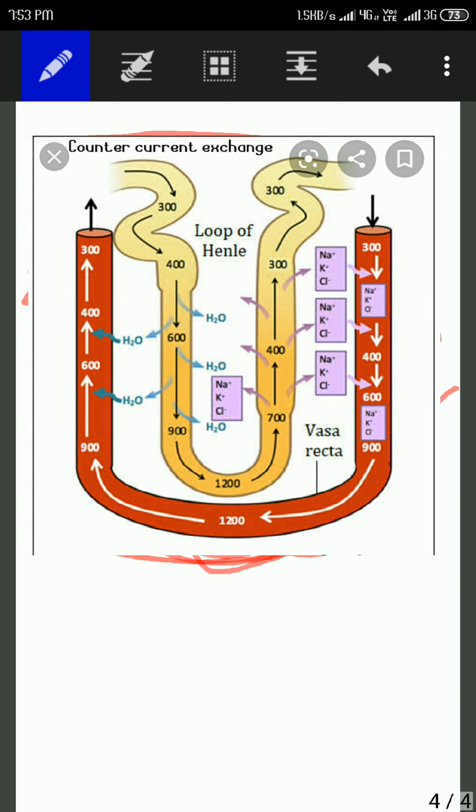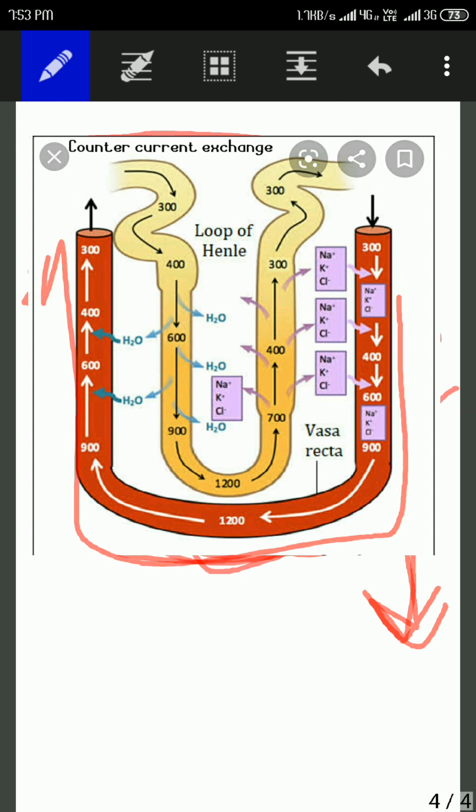If the vasa recta were straight, there would never be maintenance of the medullary interstitial osmolarity gradient. So this U shape particularly is responsible for its maintenance.